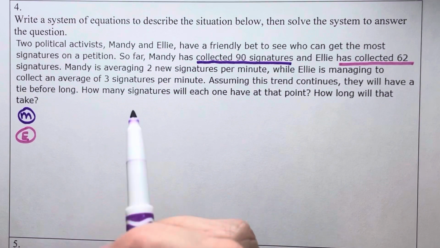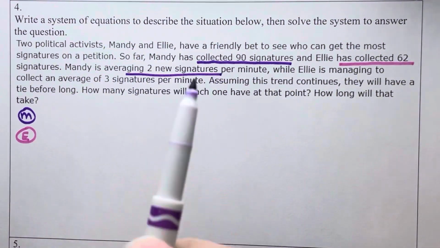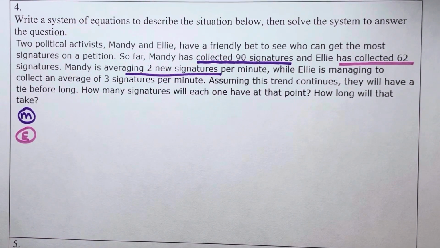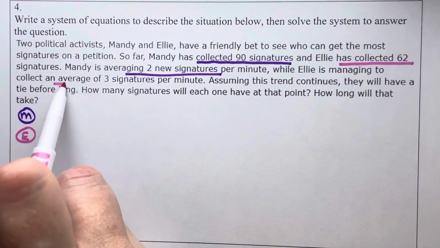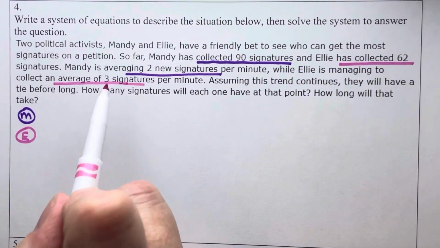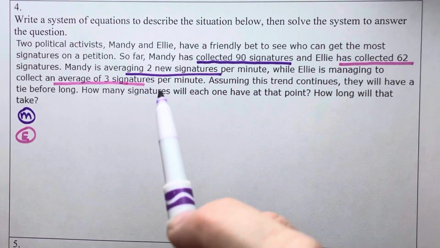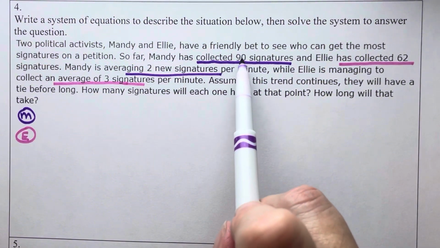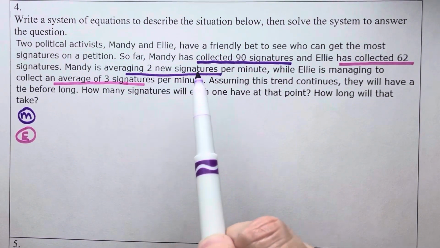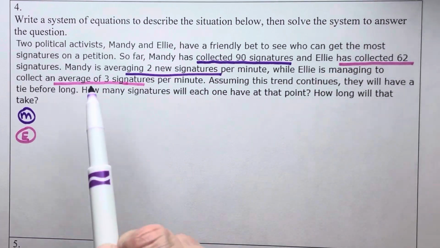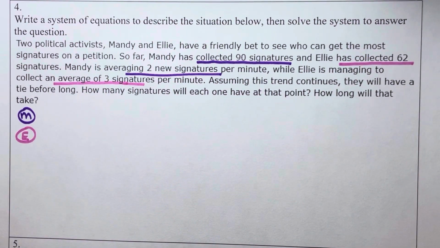Mandy is averaging 2 new signatures per minute, while Ellie is managing to collect an average of 3 signatures per minute. All right, so it's very important to know who gets which numbers. So I've color-coded them here while speaking them out so that you can see Mandy is working with 90 and 2, while Ellie is working with 62 and 3.